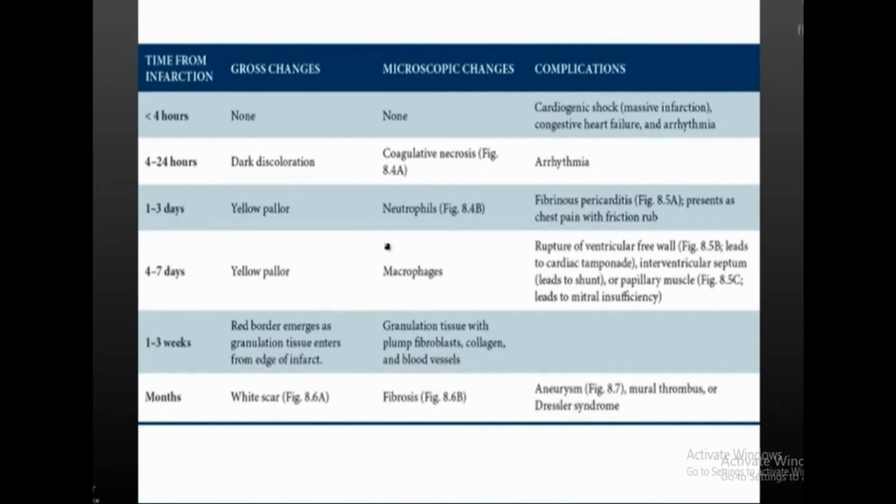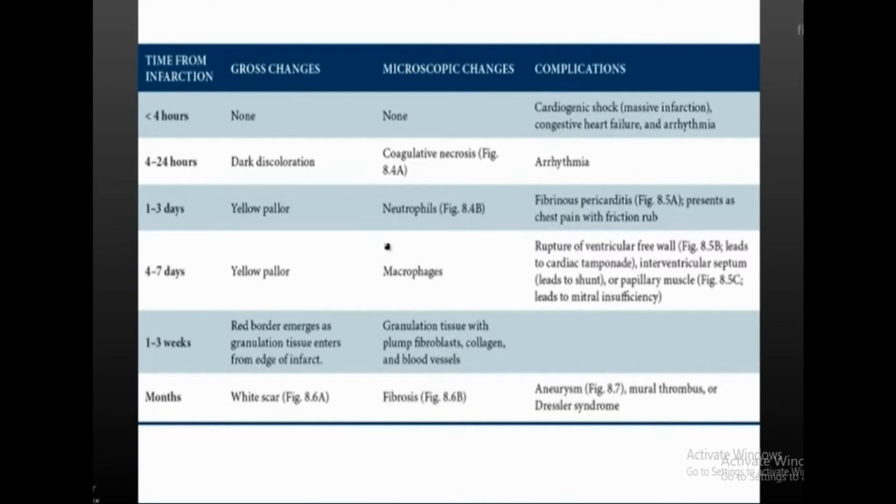When the time from infarction is less than 4 hours, there are no morphological or microscopic changes, and the complications may be cardiogenic shock, congestive heart failure, and arrhythmia.